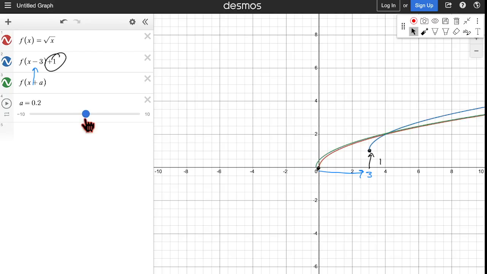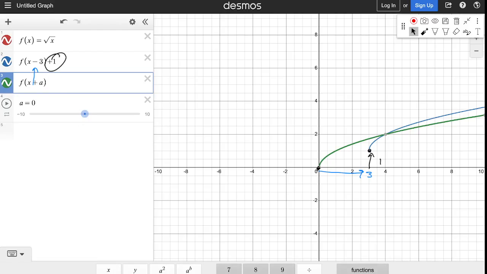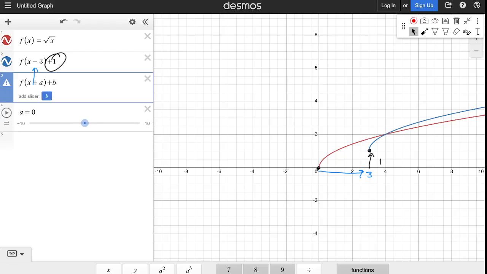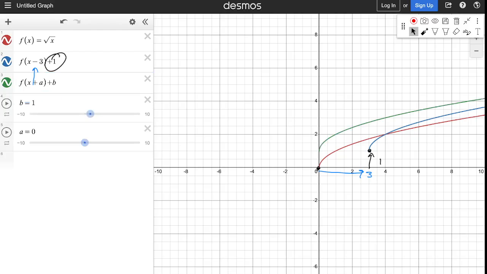We'll see that it's exactly the same graph that we had, but we're also going to come back here and add b. Why not? Could be any letter of our choosing. And then we put a slider for b. And again, let's make it 0, because sometimes finding 0 is hard. If you use a keyboard, I think you could just enter in the value. Okay, we'll just go here.